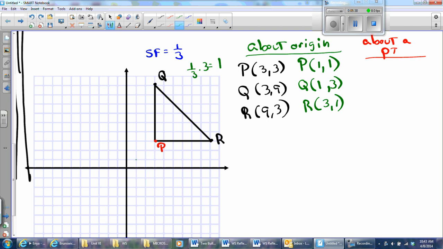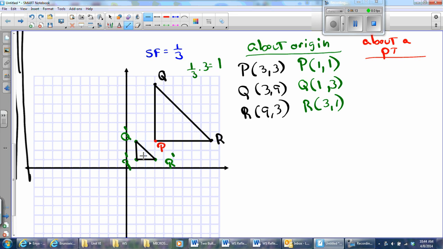So my new triangle becomes, the P prime becomes there. Q prime is at 1, 3. And then R prime is at 3, 1. And there is my new polygon, triangle specifically. Now, the length and width, or the base and height, got divided by 3 and divided by 3.